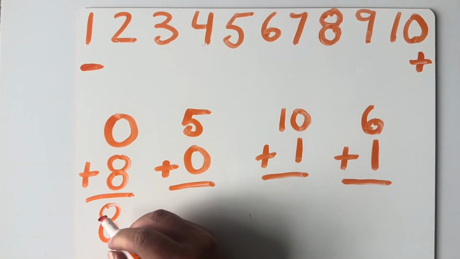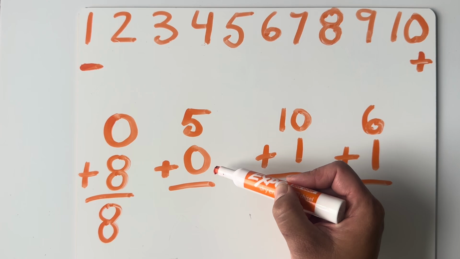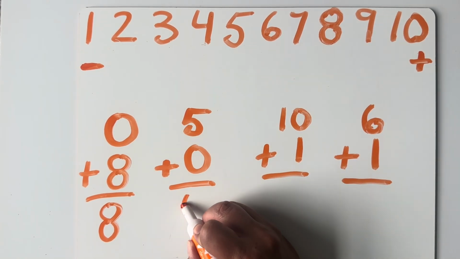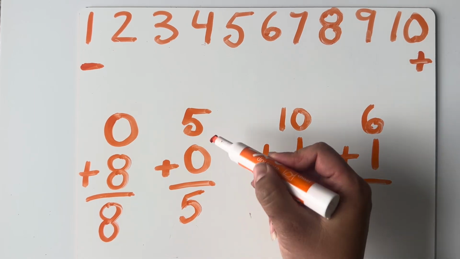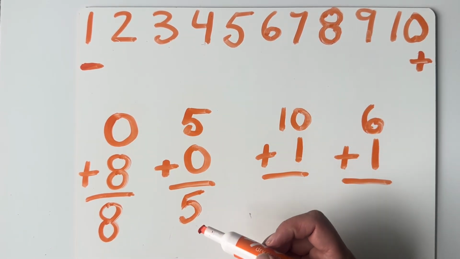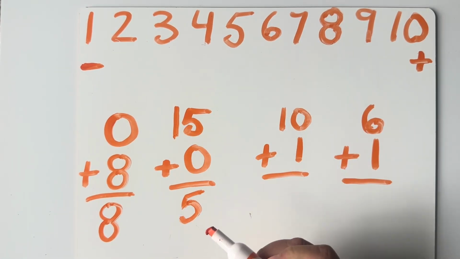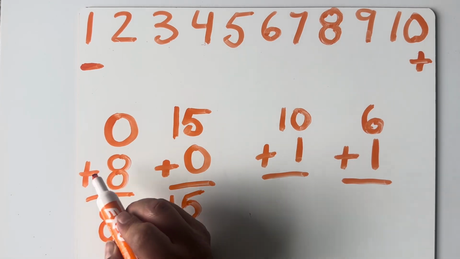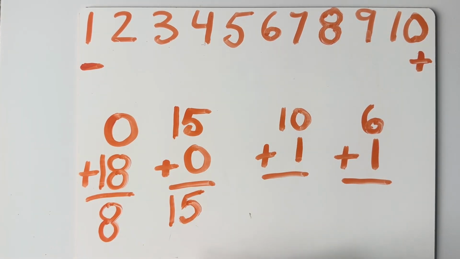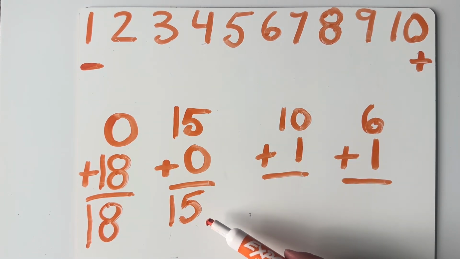Even when 5 plus 0 is added, it's going to equal 5, because 0 plus a number is just that number it's being added to. Even if 0 is being added to 15, it's just going to be 15, and if 0 is added to 18, it's just going to be 18.